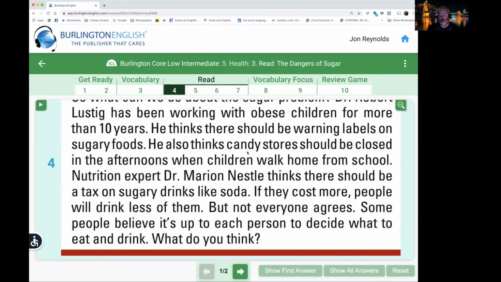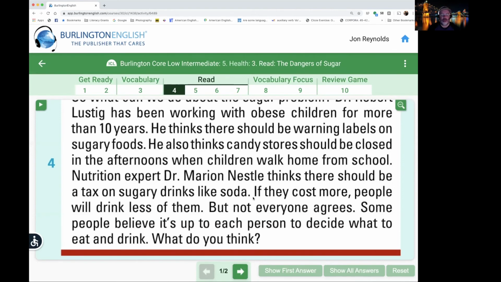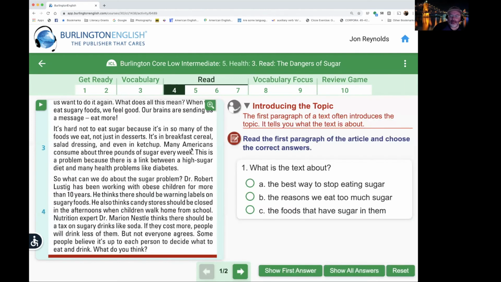If they cost more, people will drink less of them. But not everyone agrees. Some people believe it's up to each person to decide what to eat and drink. What do you think?